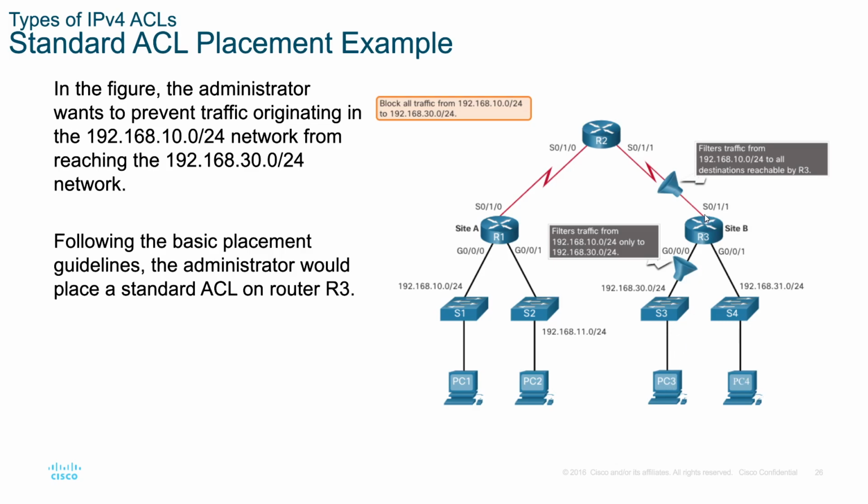So if we place it on the inbound of S0/1/1, we're stopping it from getting to both the 30 and 31, which is not what we want. Whereas if we place it as close to the destination, which is the outbound of G0/0/0, then the traffic has access to all the networks except for 30, which is what the condition is.